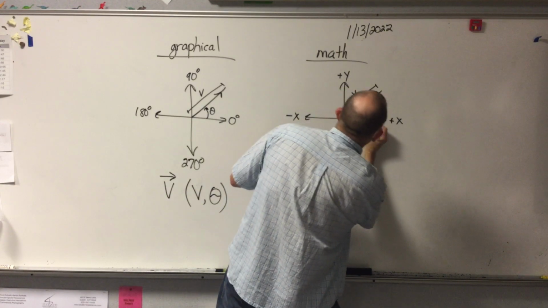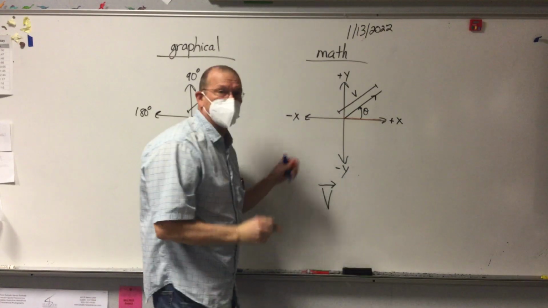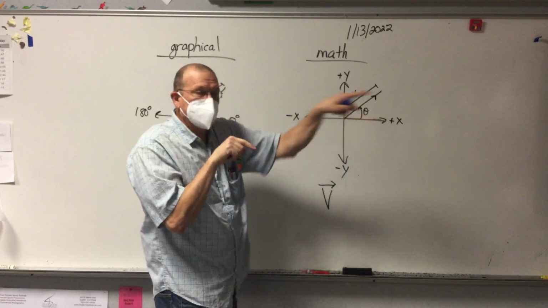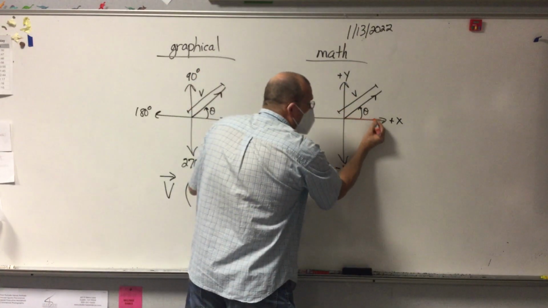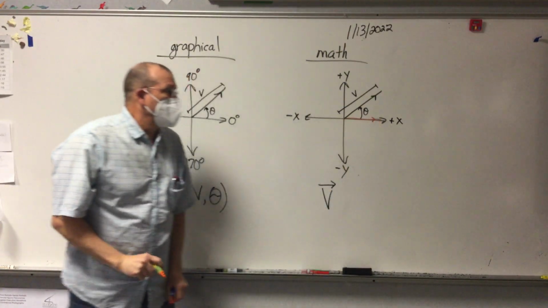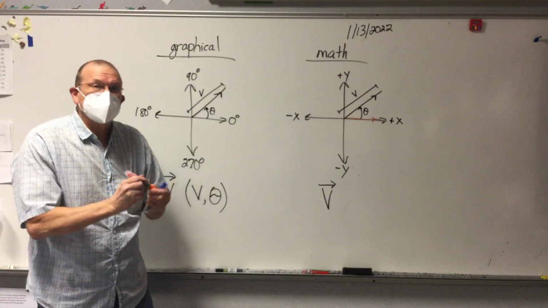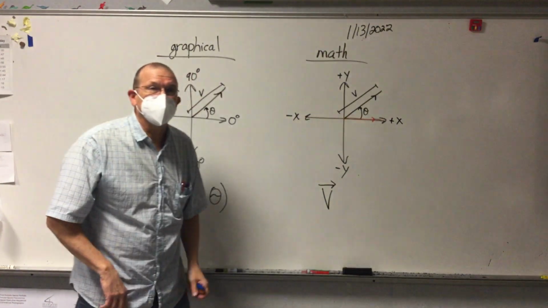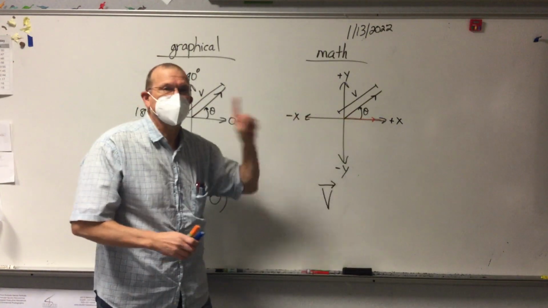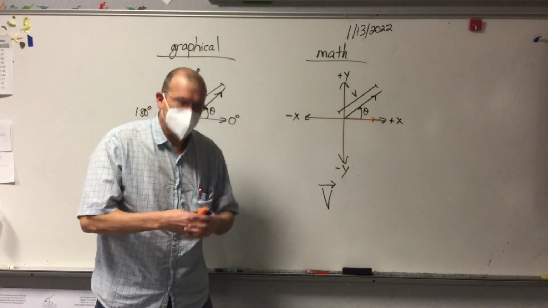The horizontal part of it would take us to the right, so we could use just a horizontal arrow like that to represent just the part of this vector that takes us to the right.